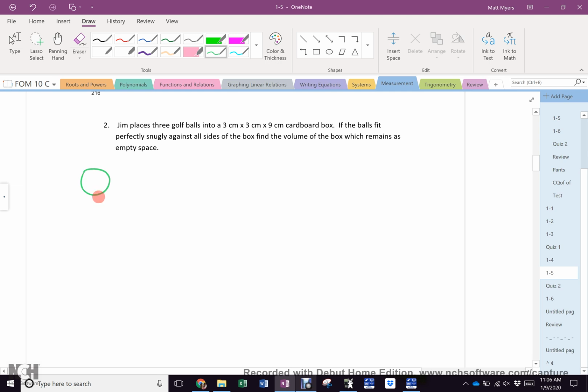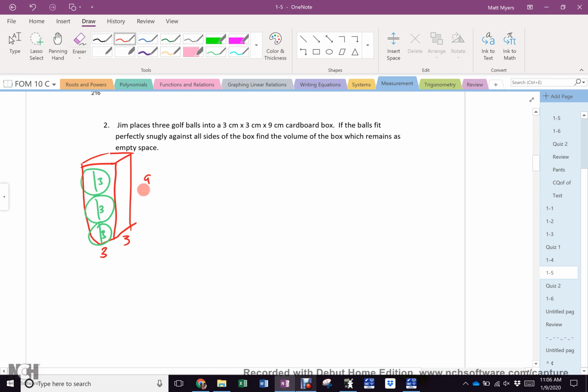So, there's 1 golf ball, there's 2 golf balls, there's 3 golf balls, right? How big are they? They're 3, right? 3 and 3. Agreed? And they're going into this cardboard box, which is how big? 3 by 3 by 9, yes?